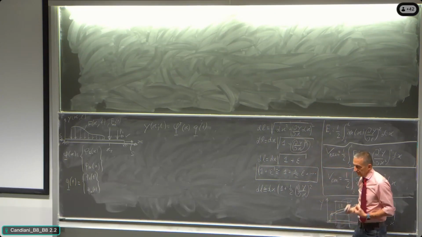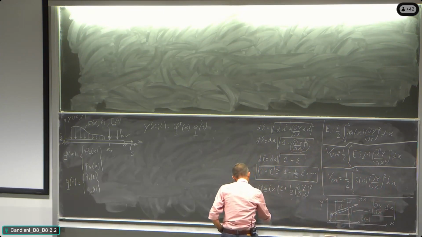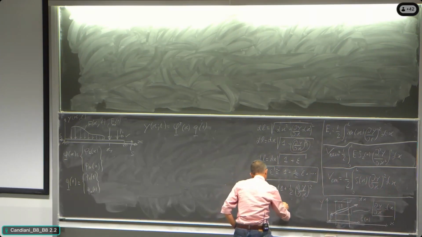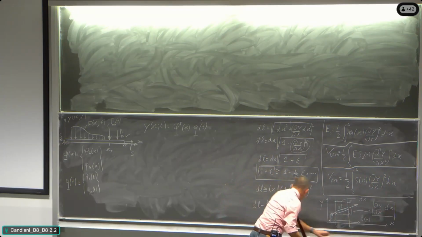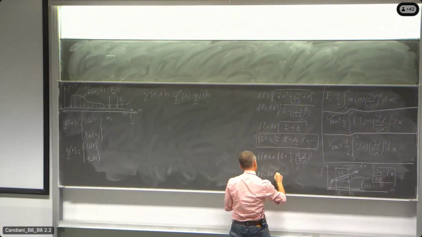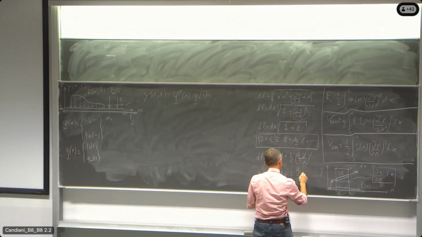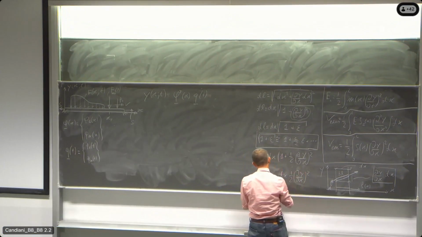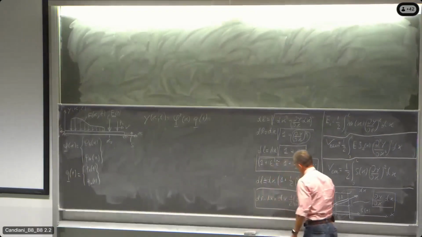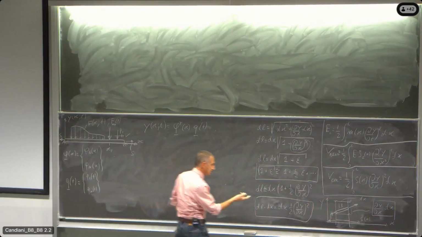And so the amount of the elongation that the infinitesimal element dx is undergoing is dl minus dx, equal, let's write it like that. If there is some mistake, please tell me.